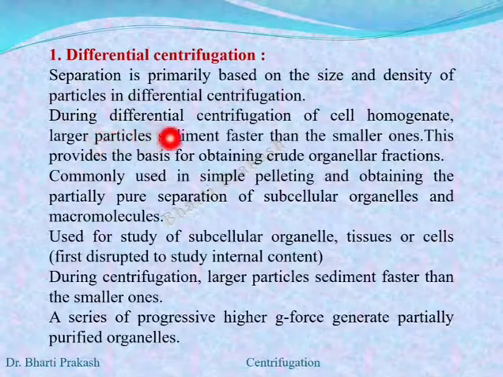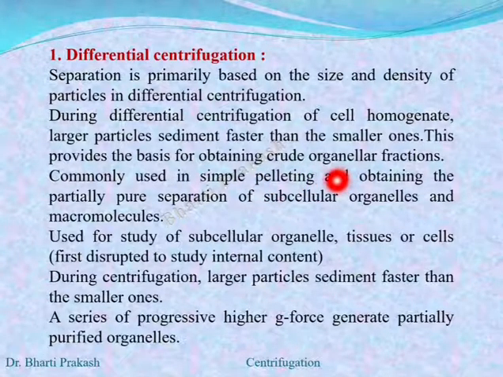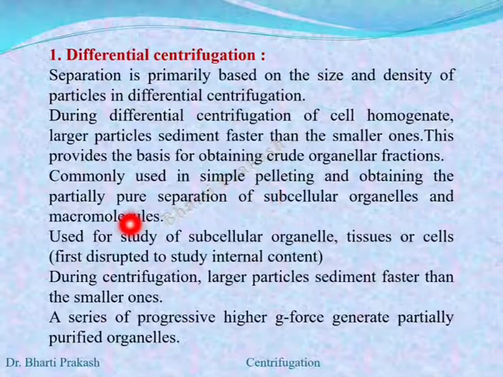During the differential centrifugation of cell homogenate, the larger particles sediment faster as compared to the smaller ones, and this provides the basis for obtaining the crude organellar fractions commonly used in simple pelleting and obtaining the partially pure separation of subcellular organelles and macromolecules.